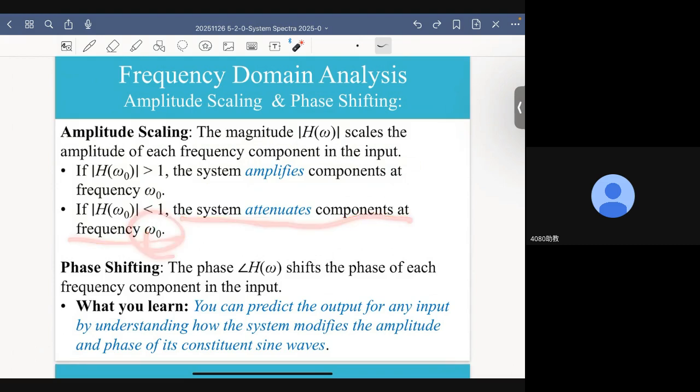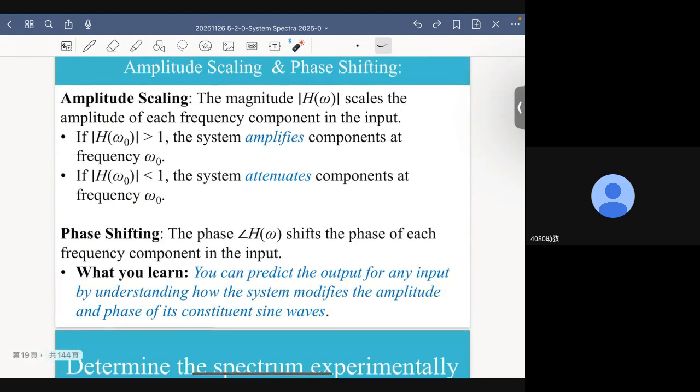So in this sense, the system actually revises the amplitude spectrum of the input, okay? It can make it stronger or it can make it weaker. It all depends on the amplitude spectrum of the system, all right?